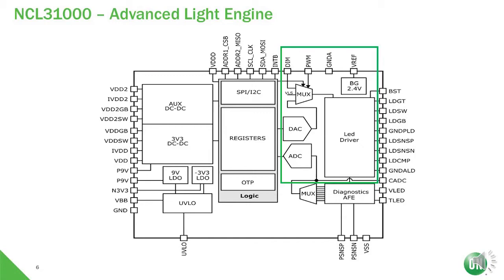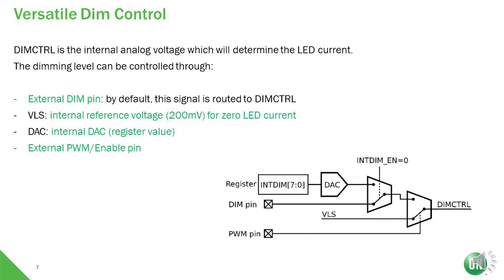The NCL31000 offers very versatile dimming control. The first possibility is through an external dim pin. This is an analog input pin where the voltage level will determine the LED current. There is also an internal reference voltage set at 200 millivolt, which sets the zero LED current.